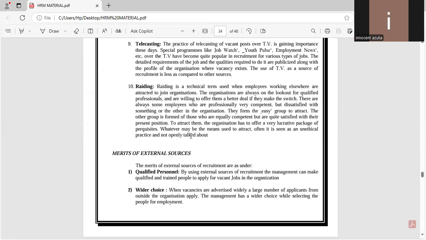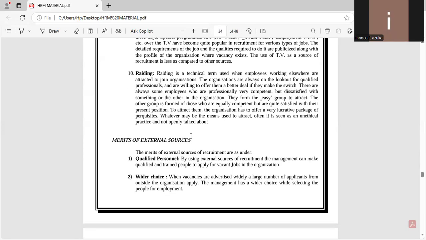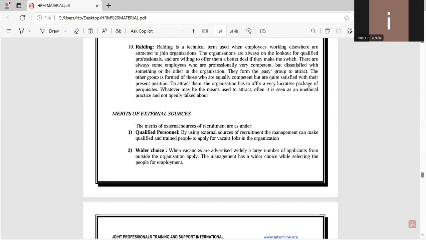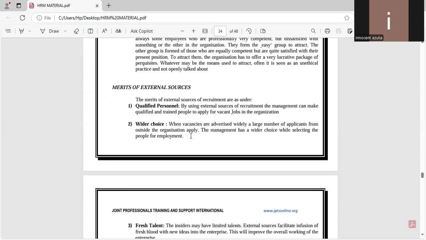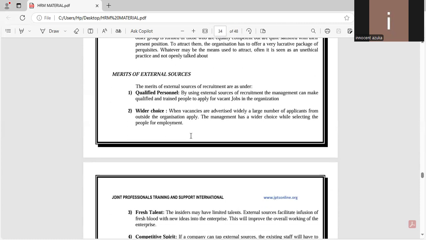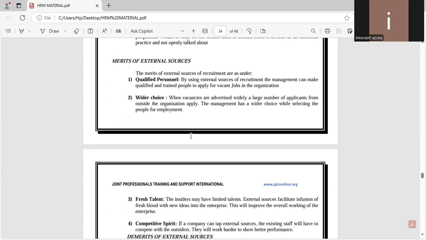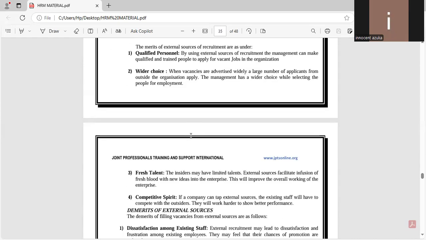What is the merit or advantage of external sources? Number one, you have the guarantee that you get a qualified person, and you have the opportunity to get wider choices when many people apply for a job. Fresh talent is recruited, and there is competitive spirit.